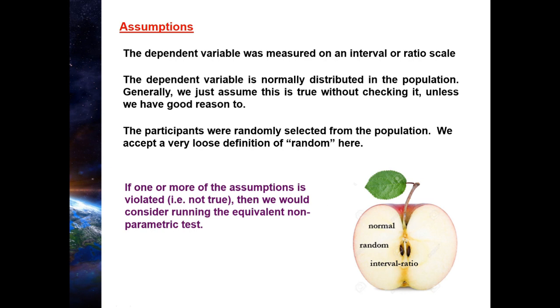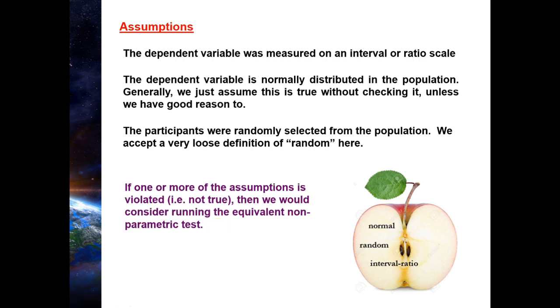Now, what happens if we violate one or more of these assumptions? In other words, what if the assumption is not true? If we have a violation, then technically, going by the book, we would run the non-parametric equivalent.